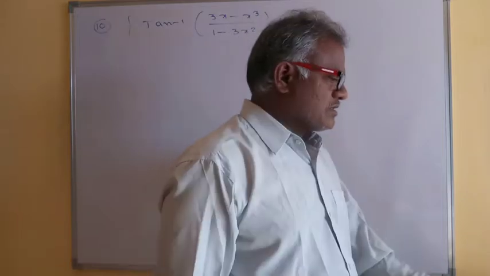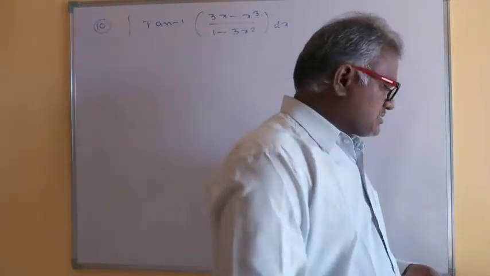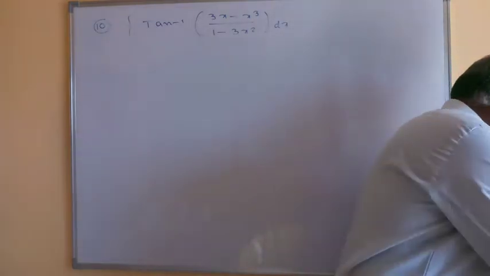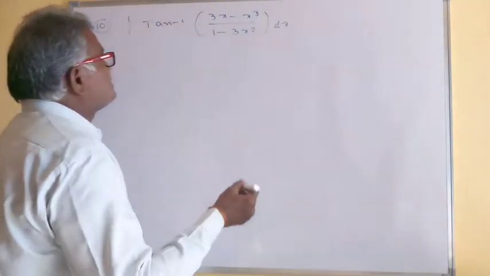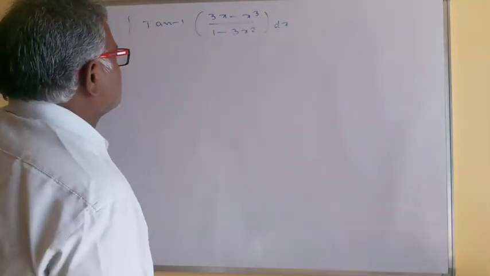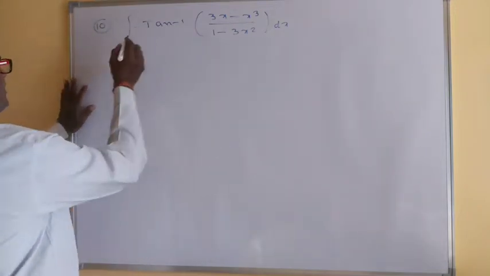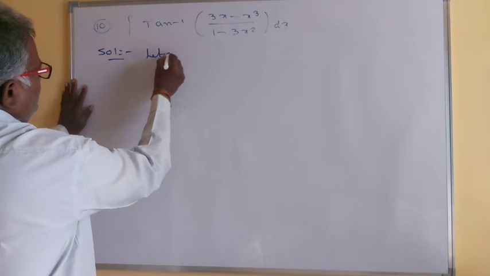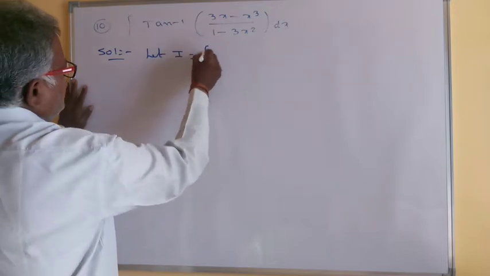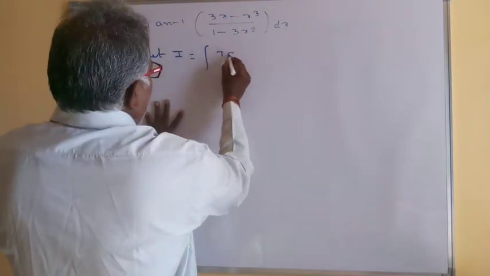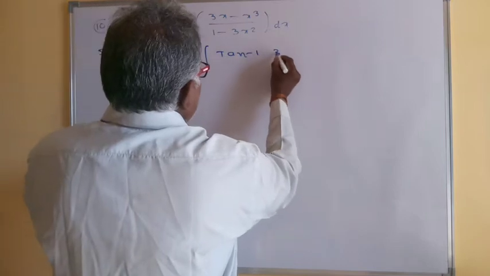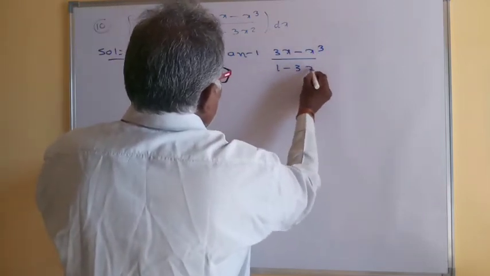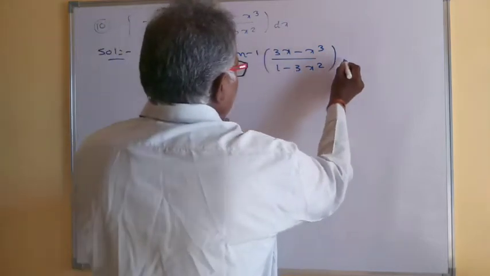So, first of all, let I equal the integral of tan inverse of (3x minus x cube) by (1 minus 3x square) dx.